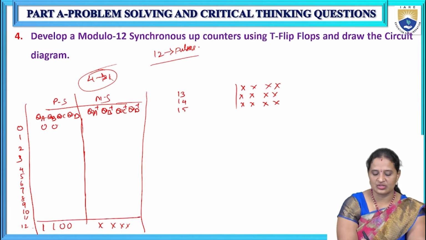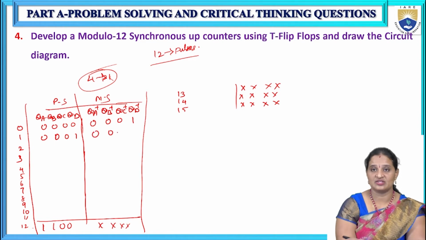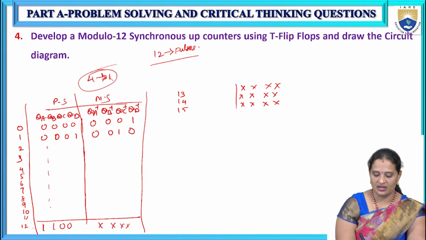If it is 0000, the next state will be 0001. If my present state is 0001, the next state has to go to state 2, that means it has to count to 0010. Like that. So if my present state is 1010, the next state will be 1011.